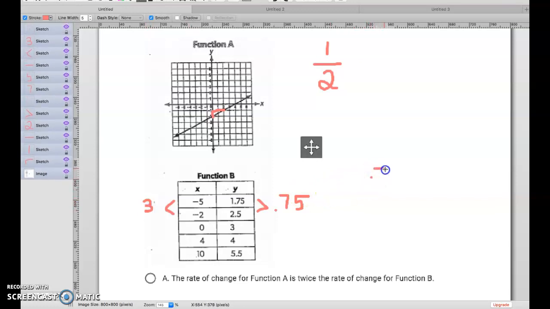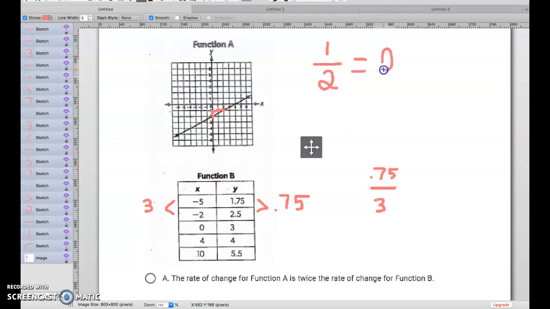So my rise over run is 0.75 over 3. Let's make both of these decimals instead of fractions. 1 over 2 is just a really common one. You should know that. That is 0.5.